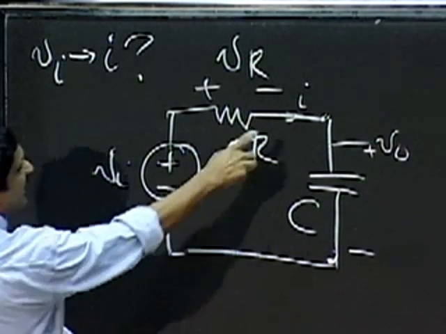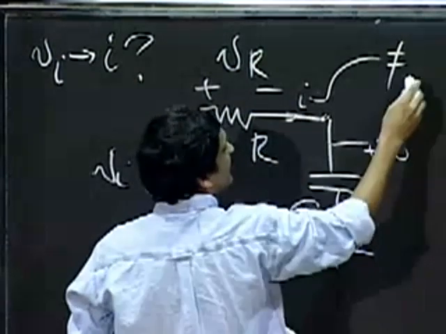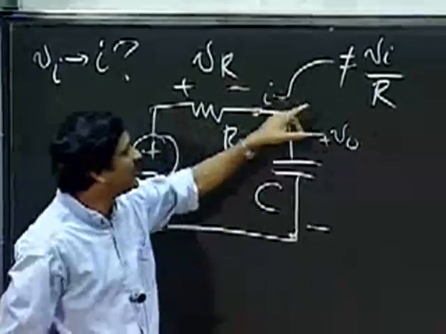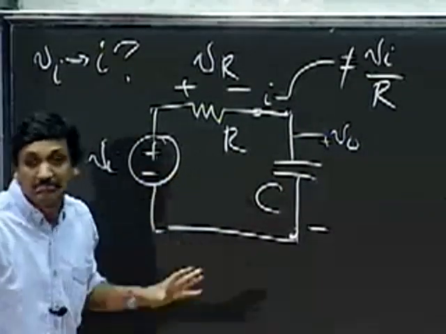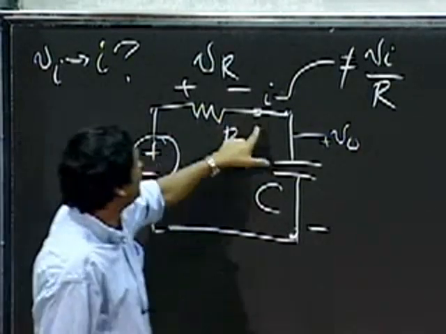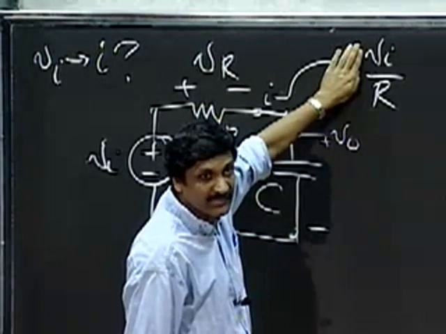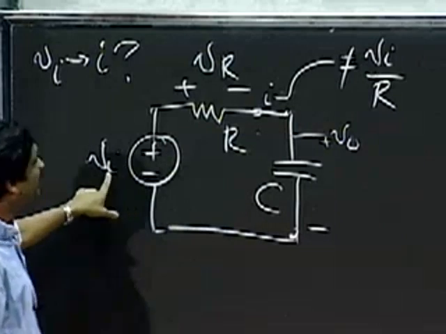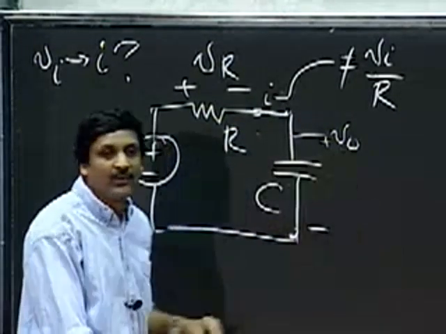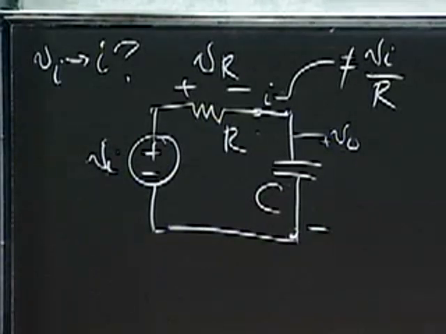But it turns out that I here is not equal to VI divided by R. If I was VI divided by R, by some magic, then I've converted my voltage to a current. I feed that current through my capacitor, and VO is my integral that I'm looking for.